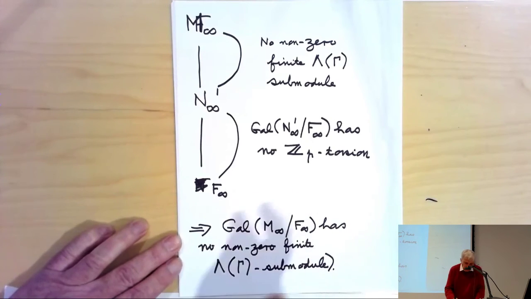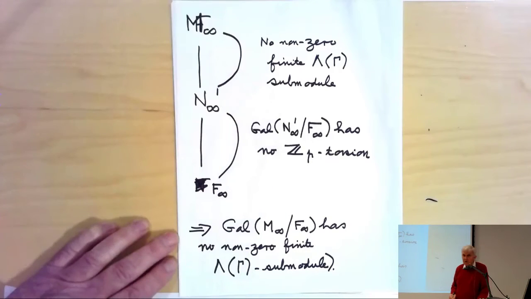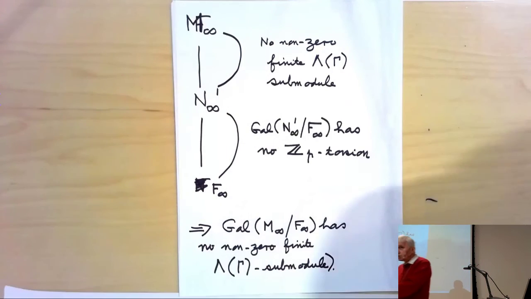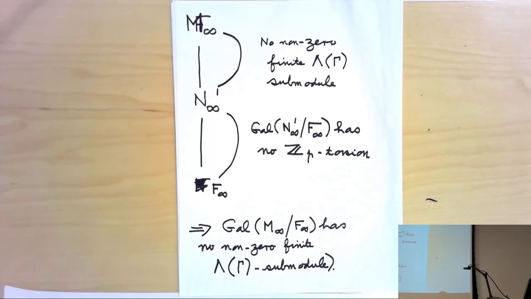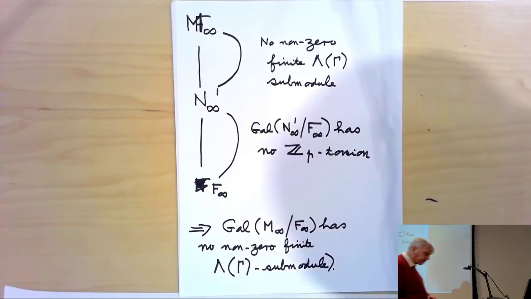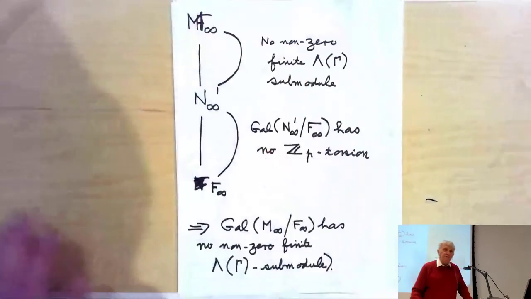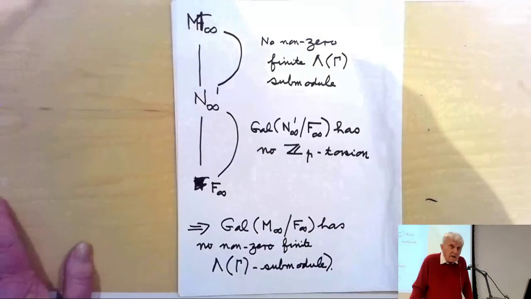Because if there was one, its intersection with this subgroup would have to be zero, and therefore would have to inject into the quotient, and therefore there would be torsion in the quotient. So there's a very nice property that Iwasawa points out of the Galois group of M infinity over F infinity.